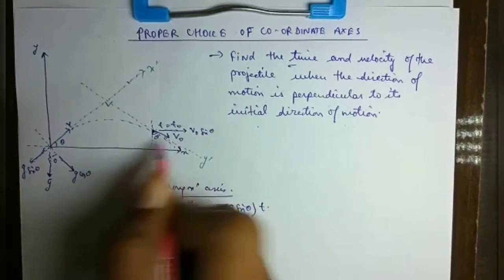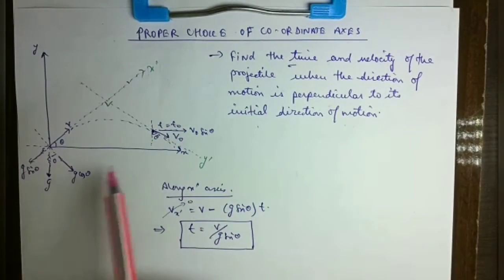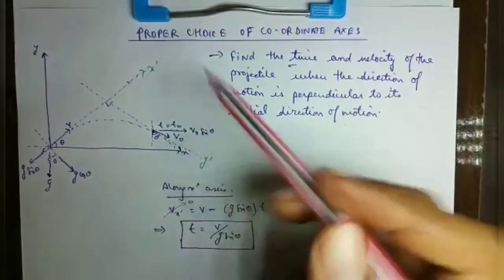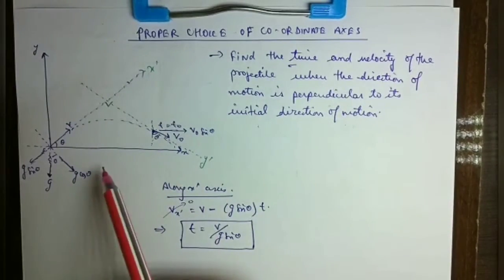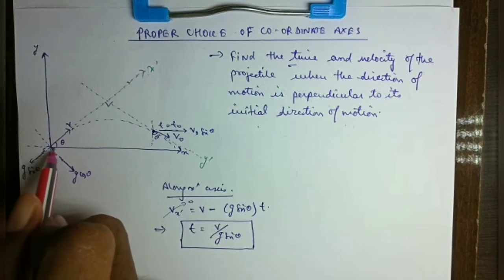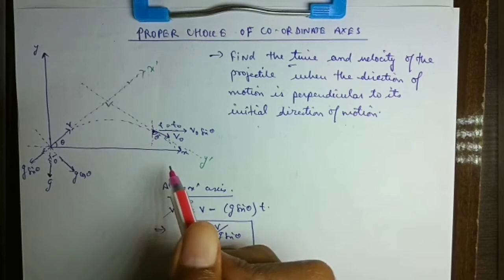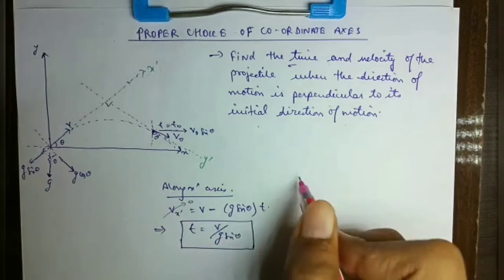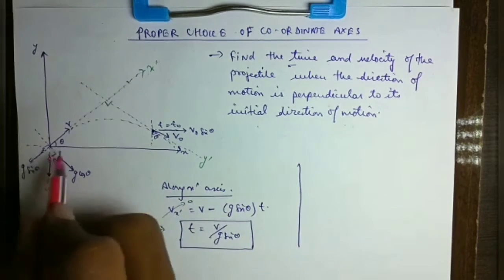Now we need to switch back to the original x and y coordinate system that was predefined, and we know that the horizontal component along the x-axis will not change because there is no acceleration along the horizontal axis. So from there we can get a relation.